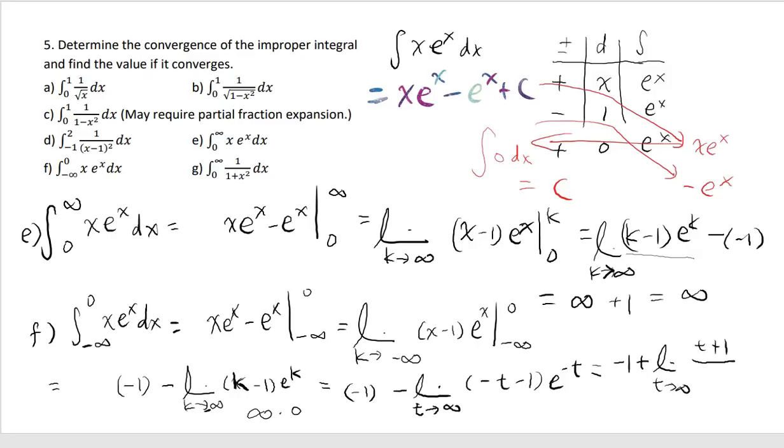Also, using the fact that a negative power is the same as the positive power with that brought to the denominator, now we have this, and this can be seen to be infinity over infinity, which means you can use L'Hopital, so you end up with negative 1 plus limit of the derivative of top and bottom, which is 1 over e to the t, and now I know that 1 over e to the infinity is 0, so the final answer is negative 1 for this f.